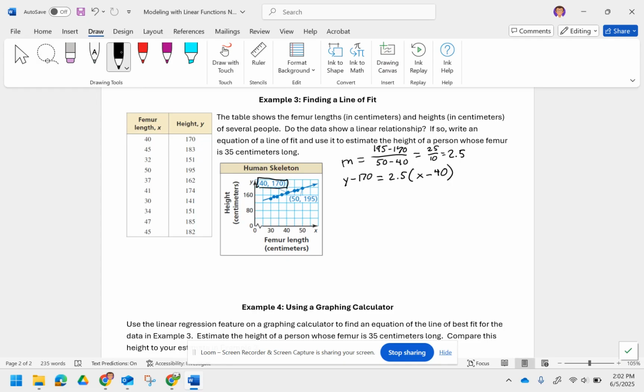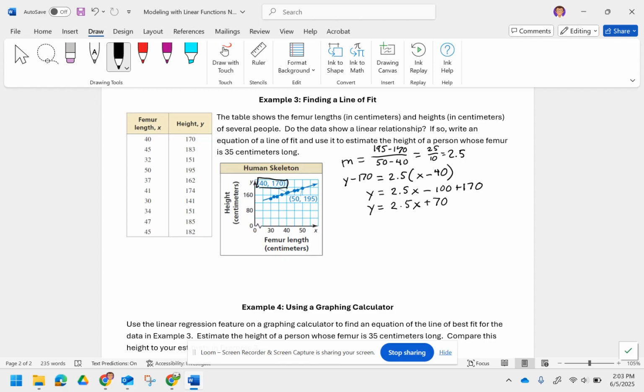So we'll add the 170 to both sides. And we'll get 2.5x minus 2.5 times 40, which is 100. And then we add our 170. So to simplify that, 2.5x plus 70.